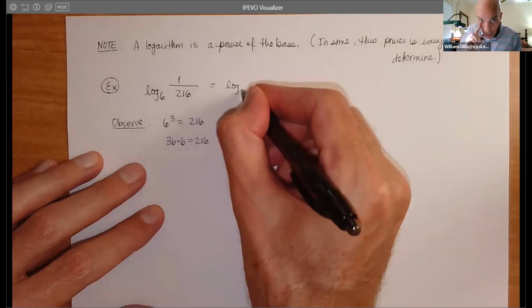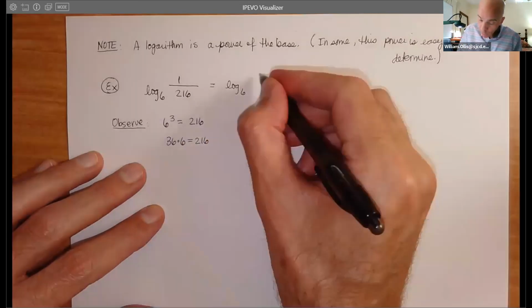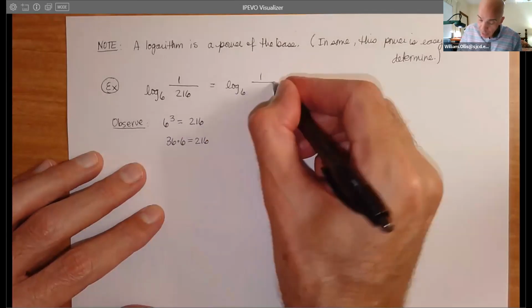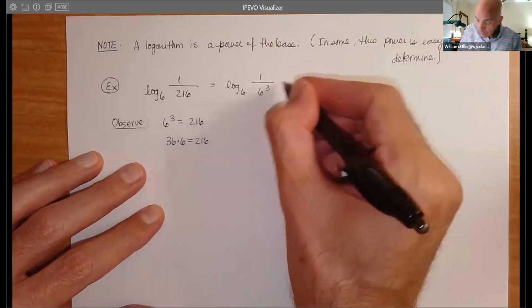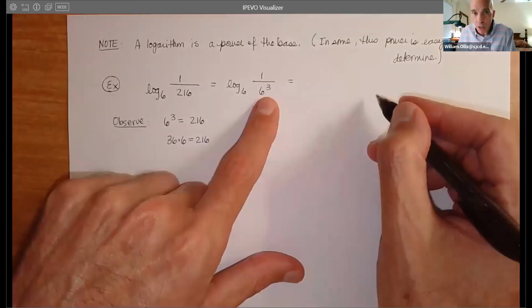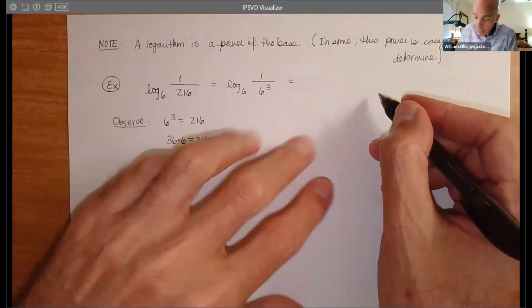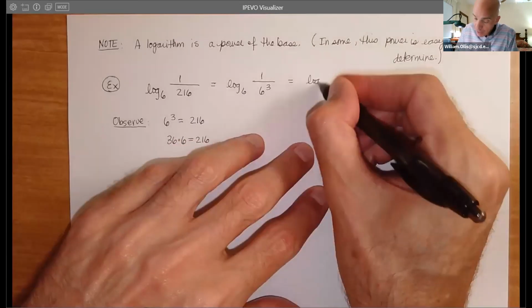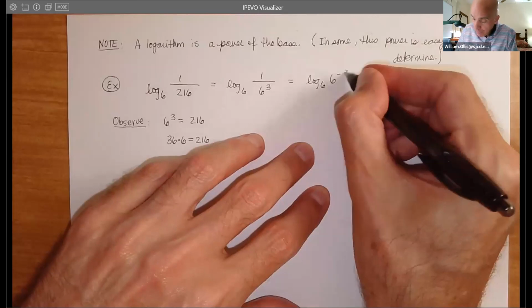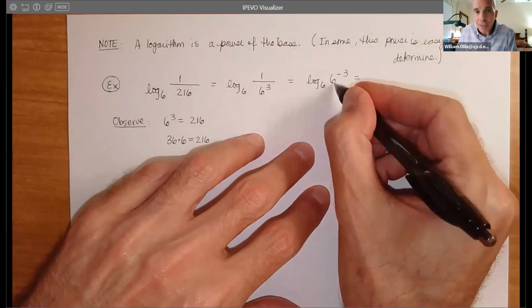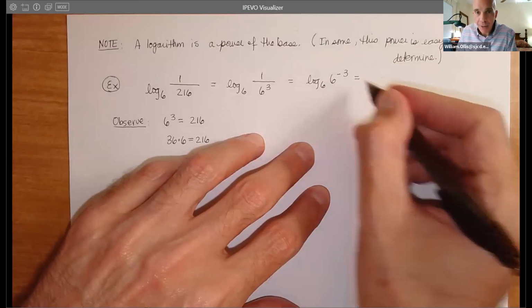So the base 6 logarithm of 1 over 216 is the base 6 logarithm of 1 over 6 to the third. But now, of course, we can use the laws of exponents because we're lazy. This will be the base 6 logarithm of 6 to the negative 3. But now the input is a power of the base.